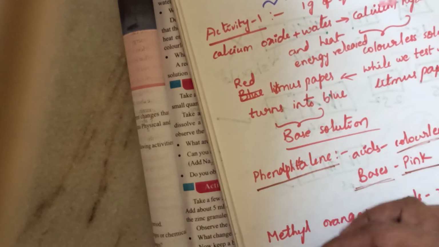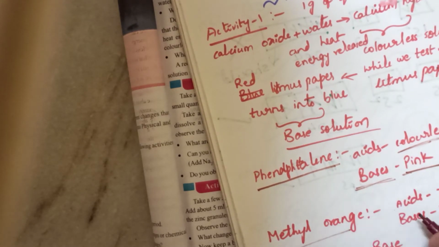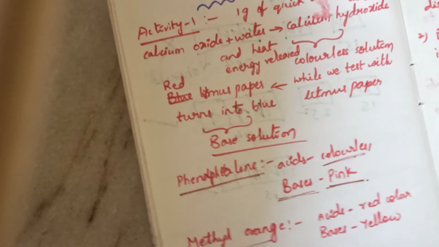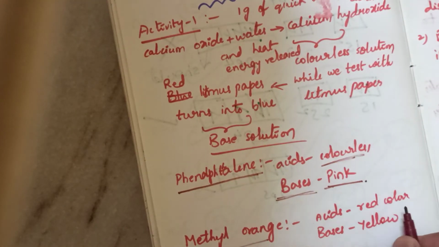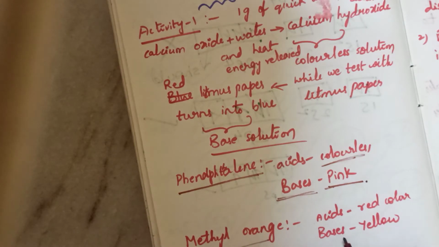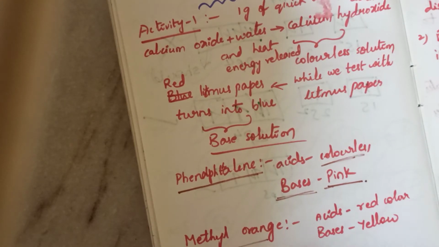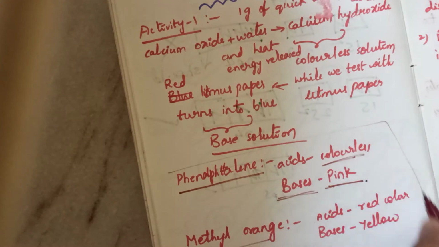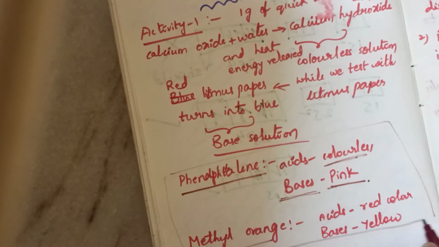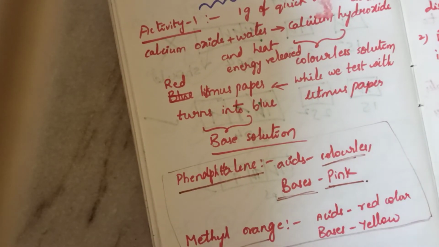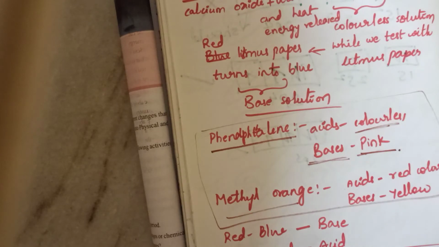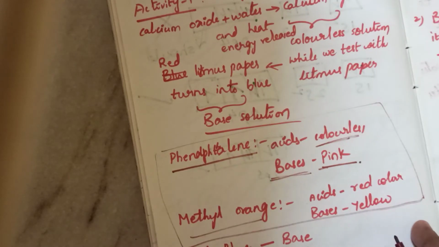Coming to methyl orange, if we add it to acids, it becomes red, and if we add it to bases, it becomes yellow. Remember these two, children, so don't get confused. We have been studying from lower classes onwards, but you are again confused, which is common for students.